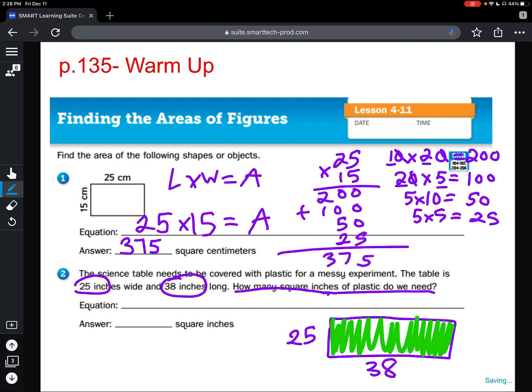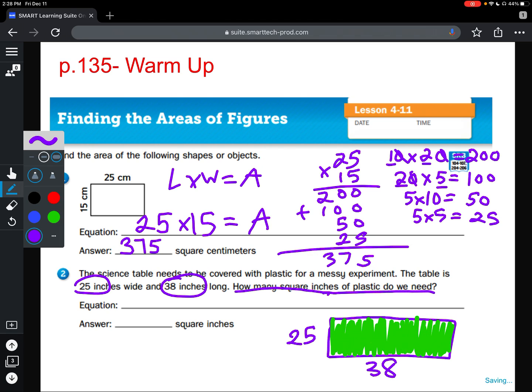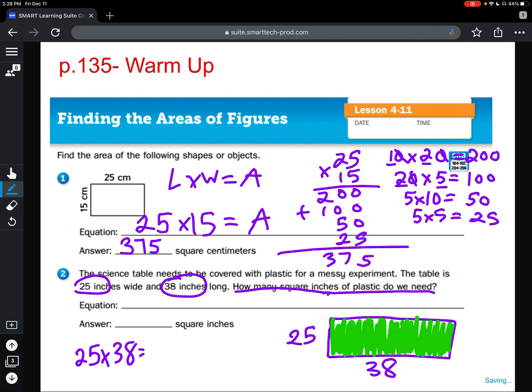To be able to figure out how big that tablecloth needs to be, I can use my knowledge of area to figure out how much space that inside green covers. I would do 25 times 38 to find my answer. And I meant to write that up here.